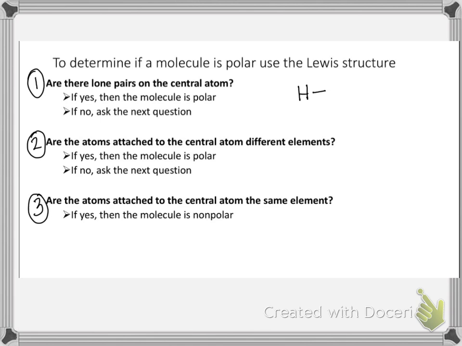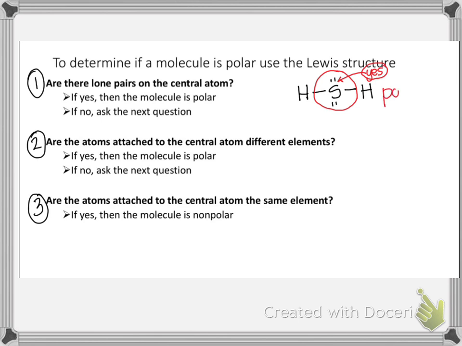All right, so we had a Lewis structure like this that we've used before. And so this is an example of answering yes to the question. So it says, are there lone pairs on the central atom? So just like shape, we're going to pay attention to the central atom. And you have lone pairs right there. So this would be a yes.